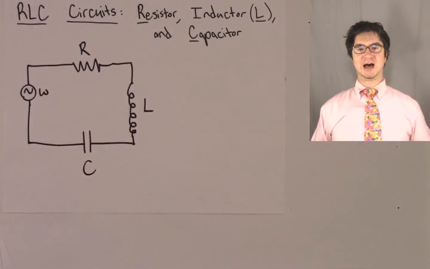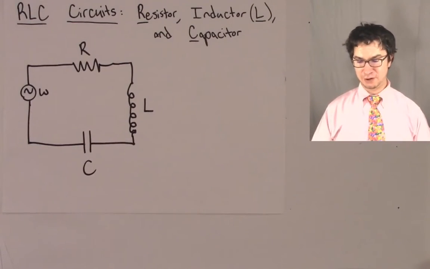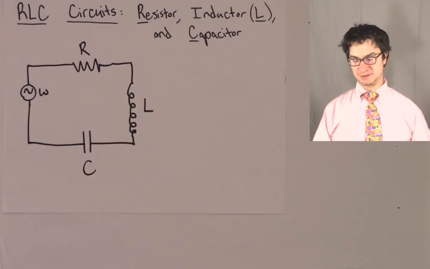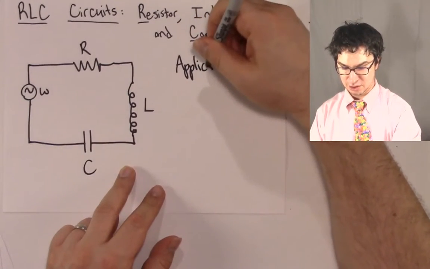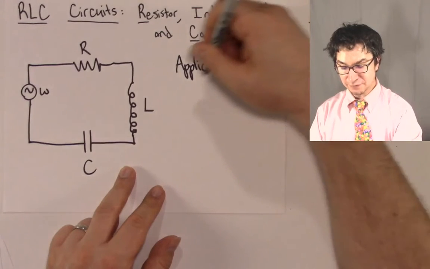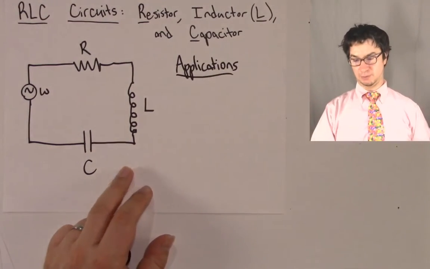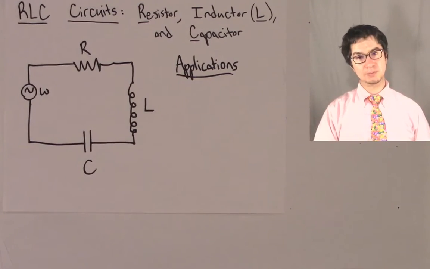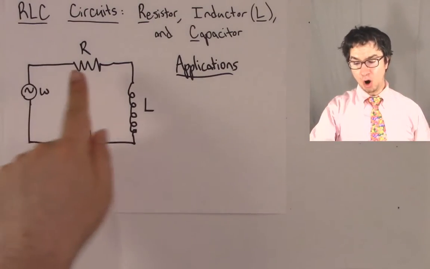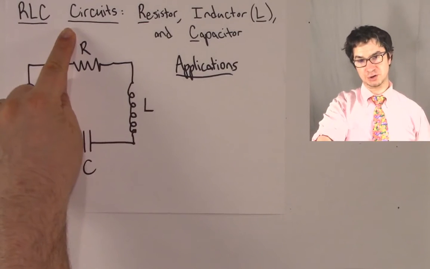Now finally, I can get to some applications, because so far you're probably wondering what on earth the applications of this are. If you've ever flown on an airplane before, you went through a metal detector. If you went through a metal detector, you walked through an RLC circuit.